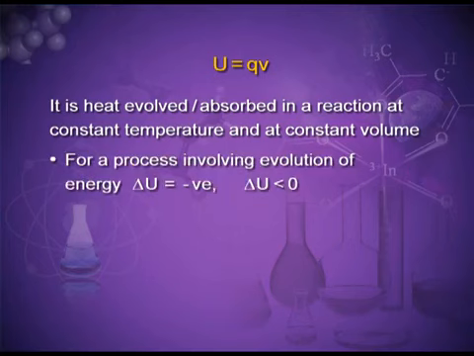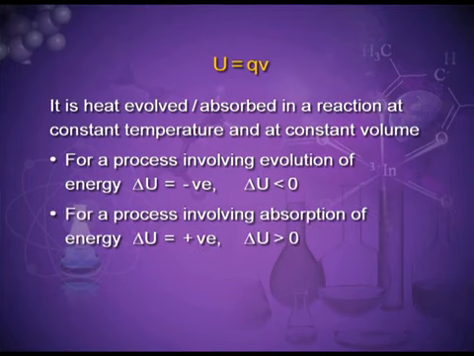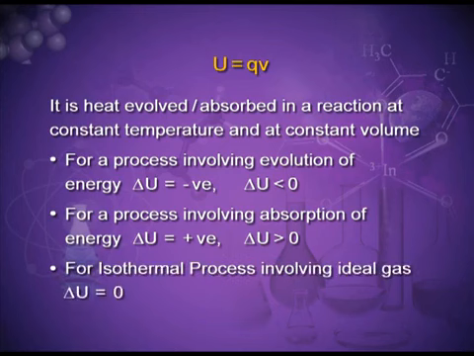For a process involving evolution of energy, delta U is negative, that is, it is less than 0. And for a process involving absorption of energy, delta U is positive, that is, delta U is greater than 0. For an isothermal process involving ideal gas, delta U is equal to 0.